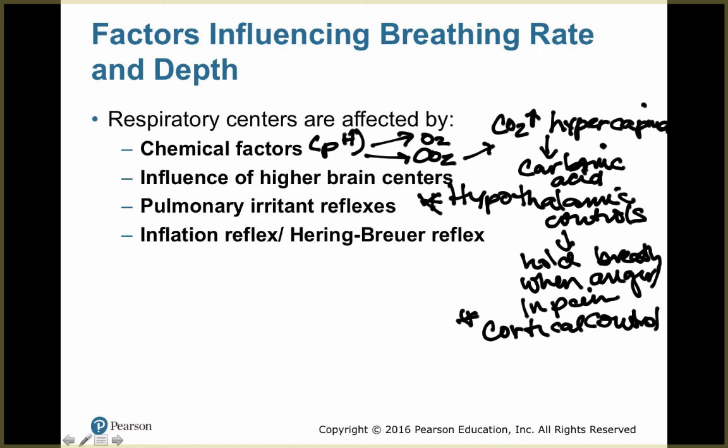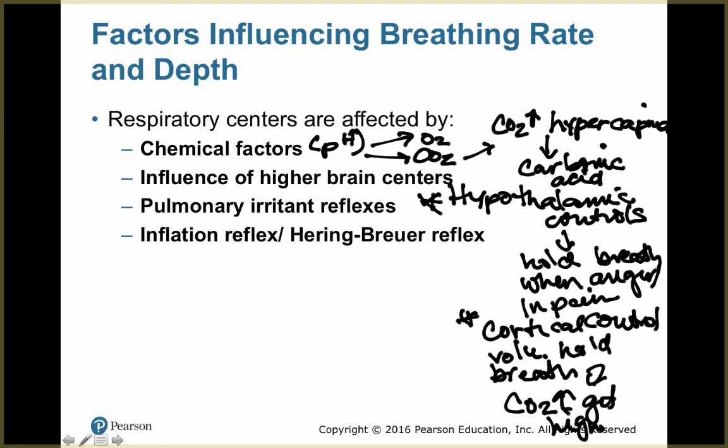This is whenever we are voluntarily holding our breath, right? And we can hold on to it until the brainstem basically reinstates breathing when CO2 levels get too high. So that's the other way that we can do cortical controls.